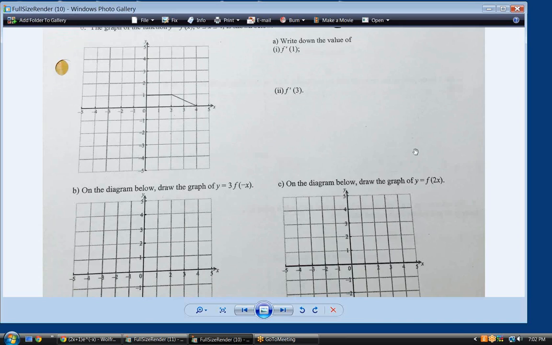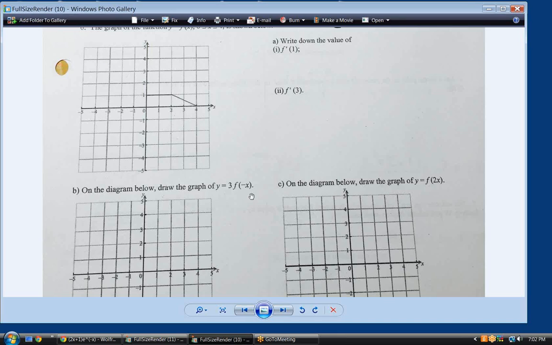What would the slope of f of minus... I know they're asking about 3 times f of minus x, but let's just talk about f of minus x. What would that look like? It would look like a point at 0, 0, a point at negative 1, 1, a point at negative 2, then positive 2.